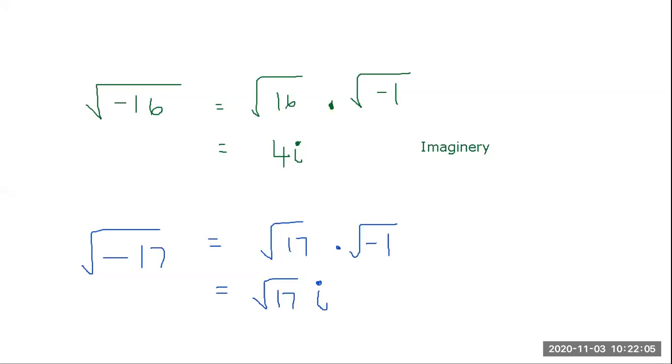Let's do one more example. The square root of -24. I'm going to split this up: the square root of 24 times the square root of -1.